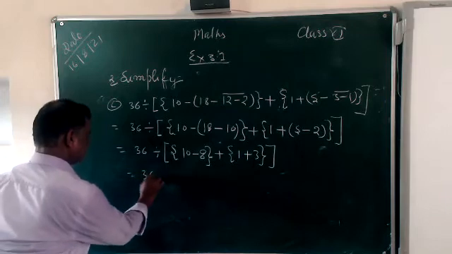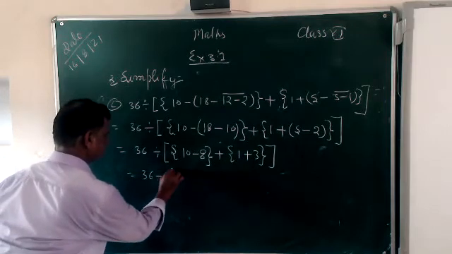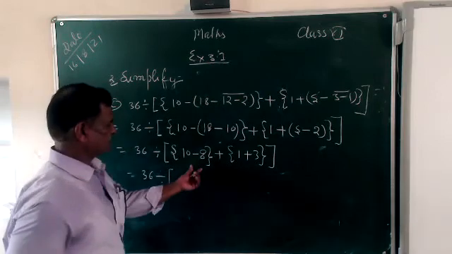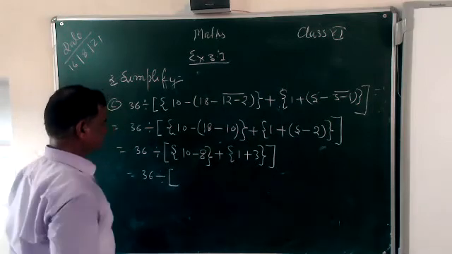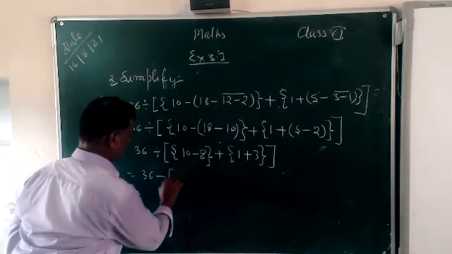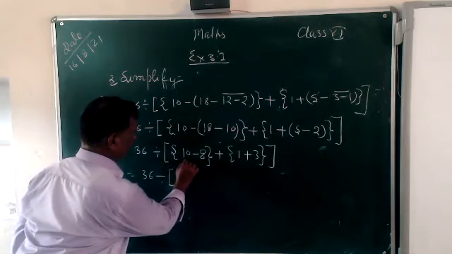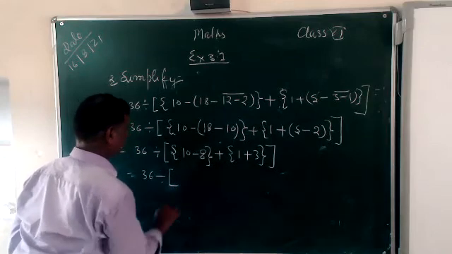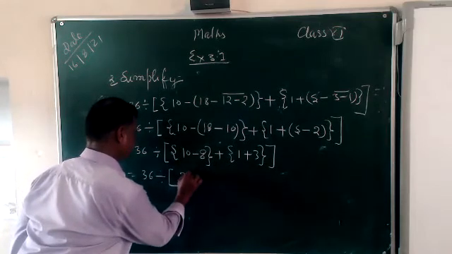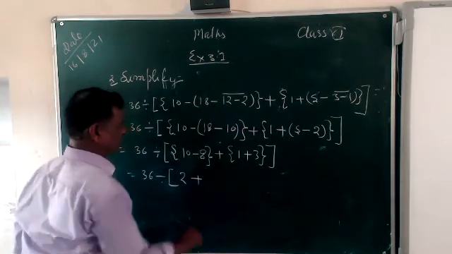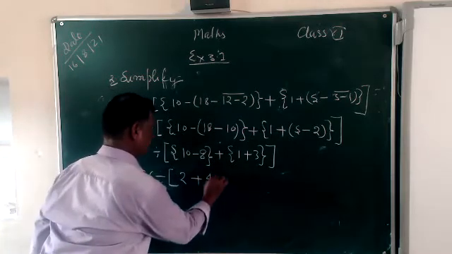Now that is 36 divided by, in square bracket, curly bracket given 10 minus 8, that is coming 2, plus 4.